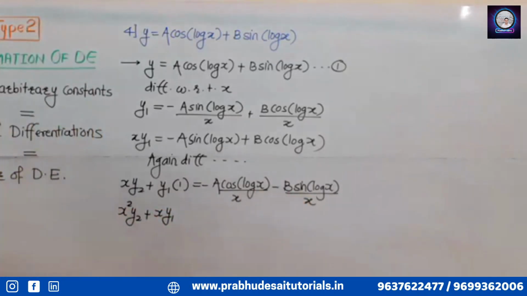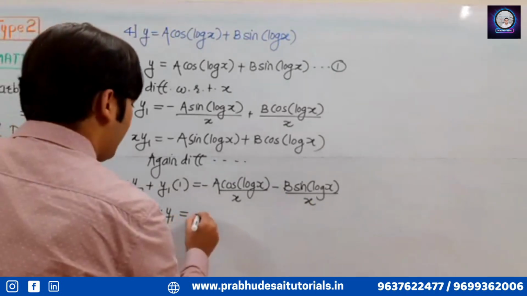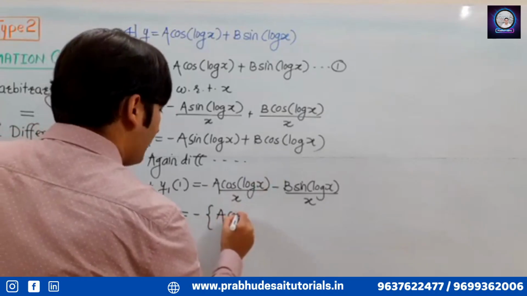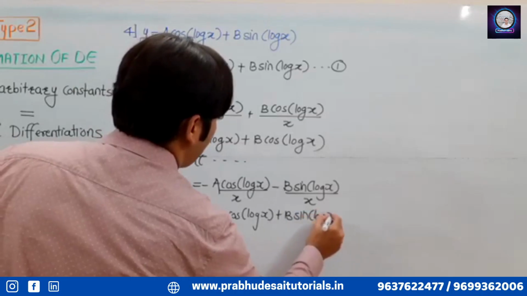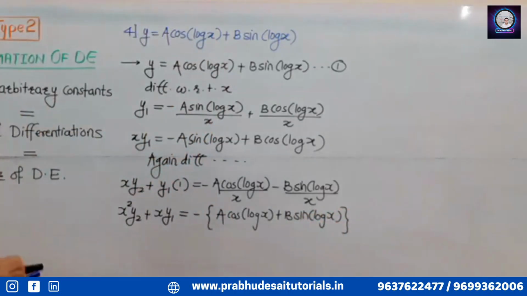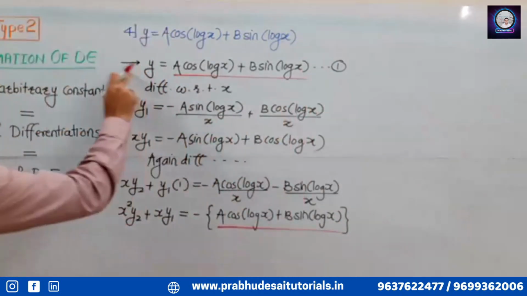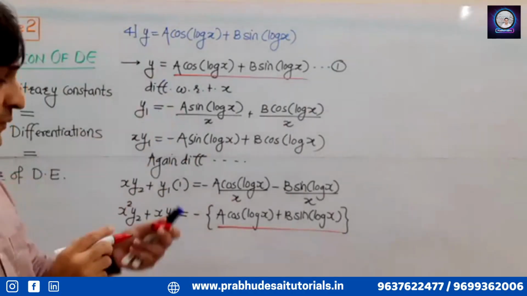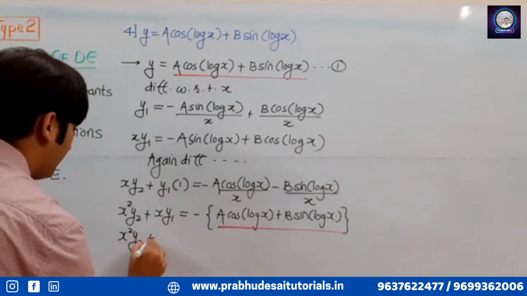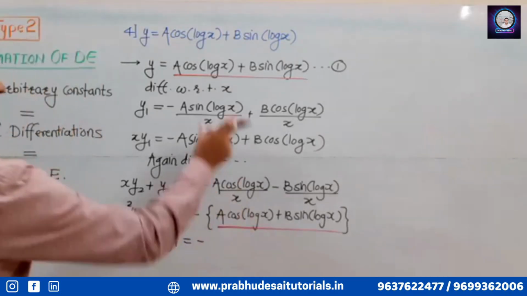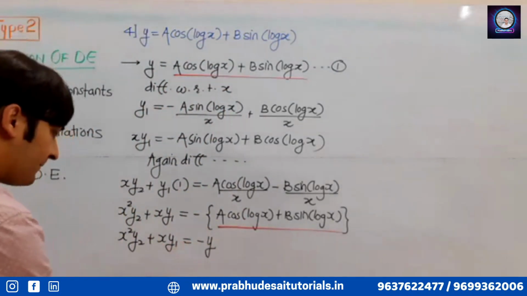Shifting this x behind, that is to the left hand side. So it will be x squared y2 plus x y1 is equal to minus common. We have a cos of log x plus b sine of log x, since we have taken the minus sign outside, and this is y. So x squared y2 plus x y1 is equal to minus y, and minus y on the left hand side will be plus y.